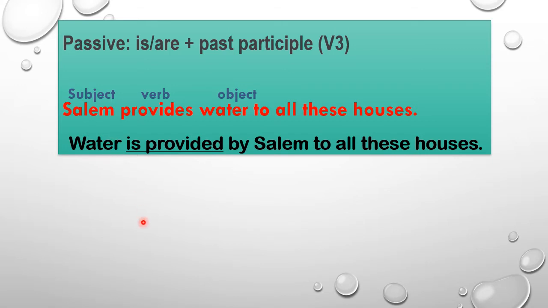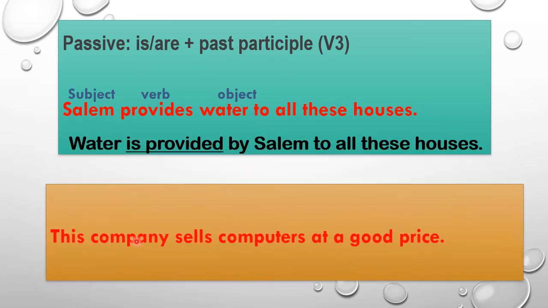Look at the sentence. This company sells computers at a good price. Now, in this sentence, this company is the subject, this is the verb, and this is the object. The same thing, I write this word first, then this word, then this word. So you reverse: computers, sells, this company.